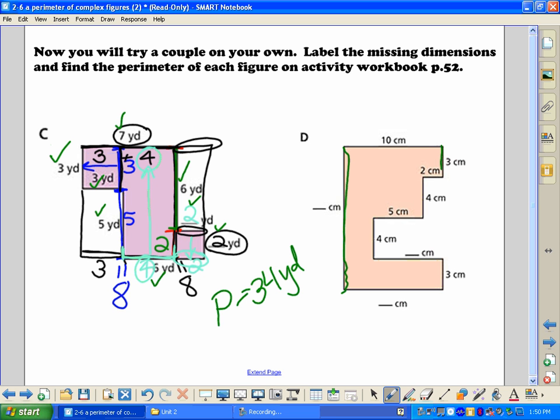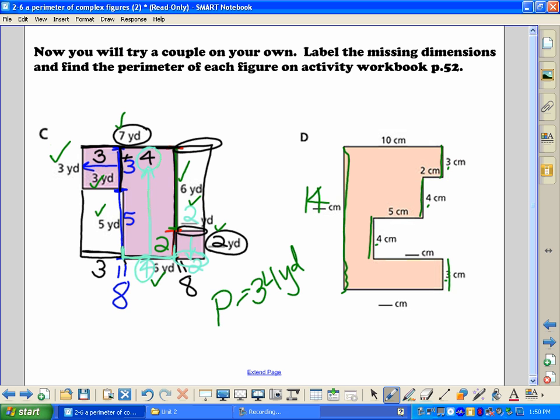Okay, so this makes up part of that side, right? 3, 4, 4, and 3. Do you guys see that all these lines together would make up that side? So 3 plus 4 is 7, plus 4 is 11, plus 3 is 14. So that side is 14.